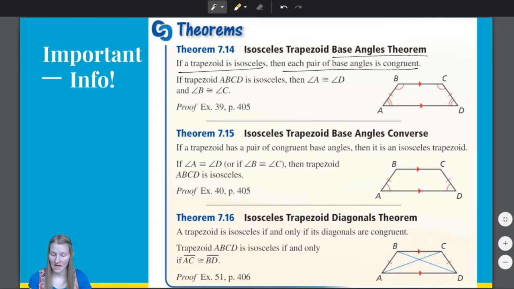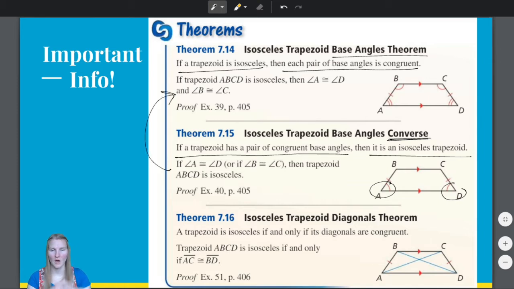Next theorem is the isosceles trapezoid base angles converse. Oh, so now we're switching the if and the then. Now, if a trapezoid has a pair of congruent base angles, then we know it's isosceles. So it's the reverse of the previous theorem.